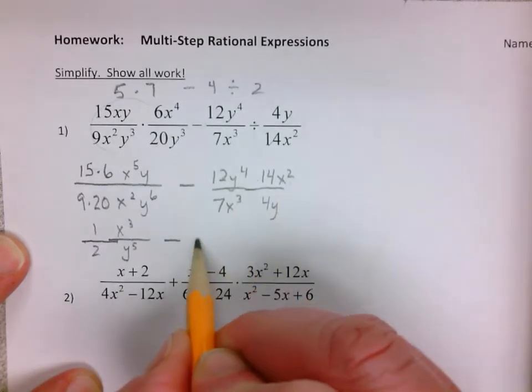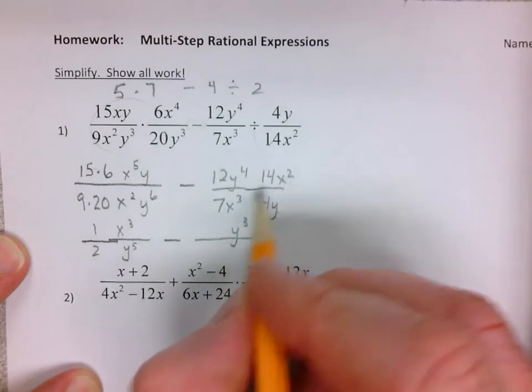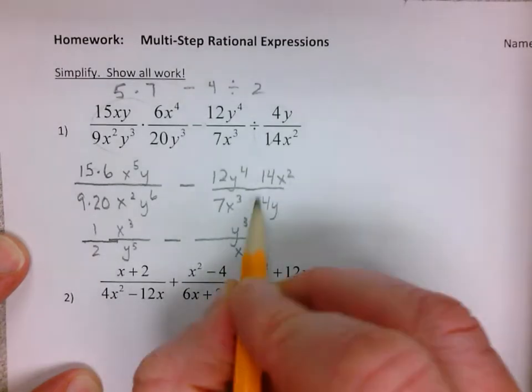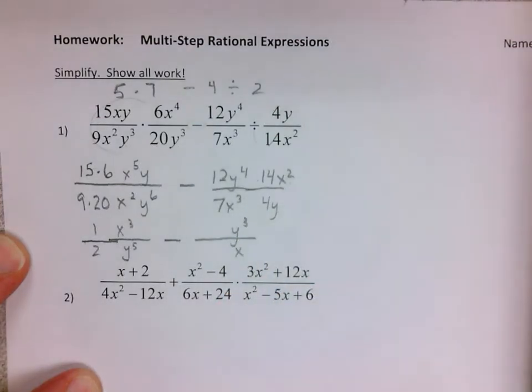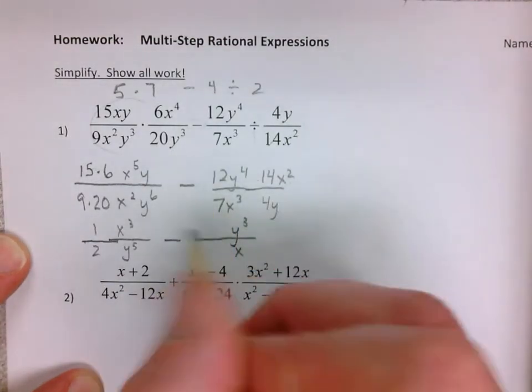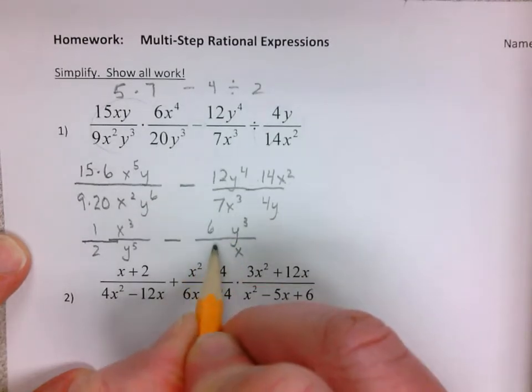So this is y to the 3rd. So this moves up over x, and 12 times 14 divided by 28, so this reduces to 6. 168 over 28 is 6.